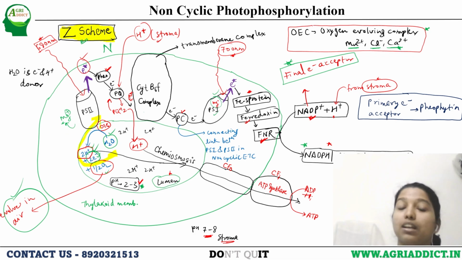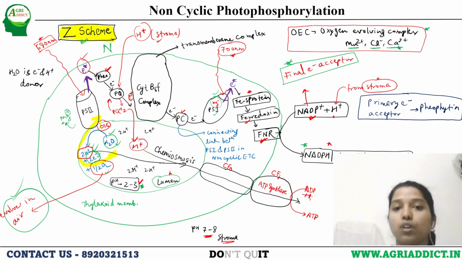This magnesium will get another electron and then it will become magnesium again. Then again the light will fall and it is getting excited. So this is how the continuity of electron transport is maintained by the splitting of H2O. Who is responsible for it? It is the oxygen evolving complex.